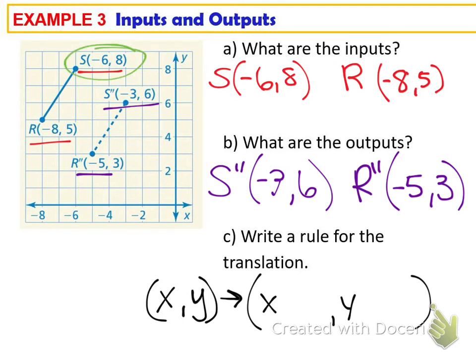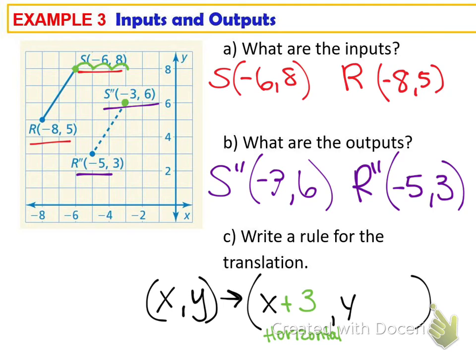S, sounds good. So we're going to compare the S's together. So the X is the horizontal component, right? So from S to S prime, do we go left or right? We went to the right how many? We went to the right 3. So is that positive or negative? Positive, because we went to the right.